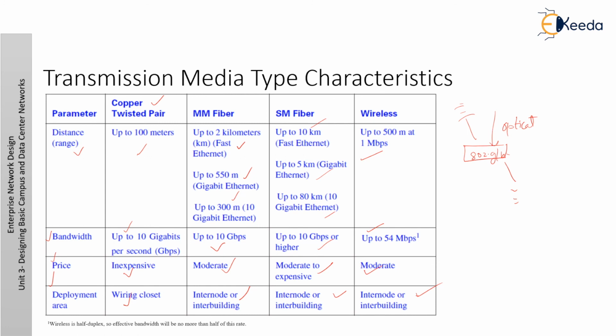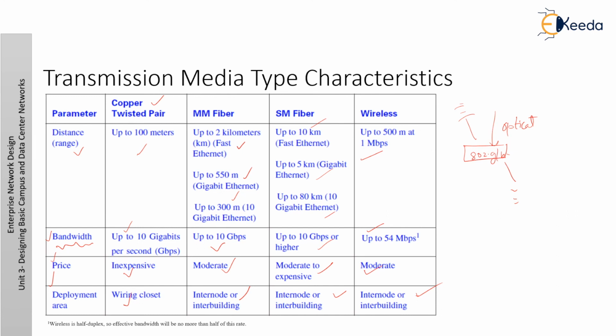Second is bandwidth. Bandwidth is very important. It is the required bandwidth in a particular segment of the network, or the connection speed between the nodes inside or outside the building. The wireless throughput is significantly less than its maximum data rate due to the half duplex nature of radio frequency technology.